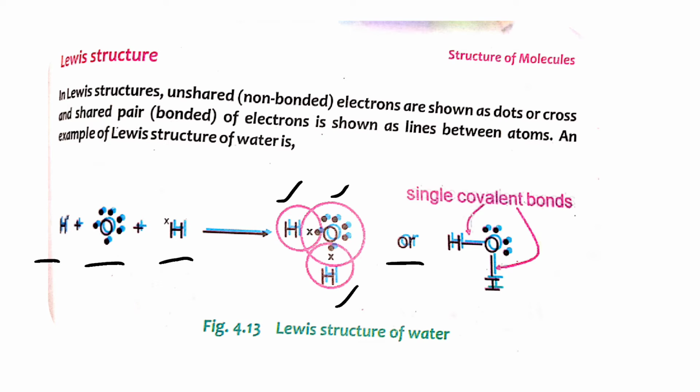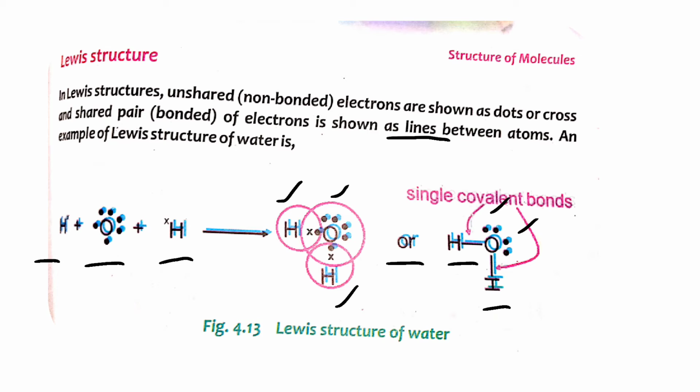You can draw either of these structures of your own choice. This structure is also easy. Here, the 4 non-bonded electrons, the 2 pairs, are shown as dots, and the 2 bonded electrons are shown with dashes or lines.